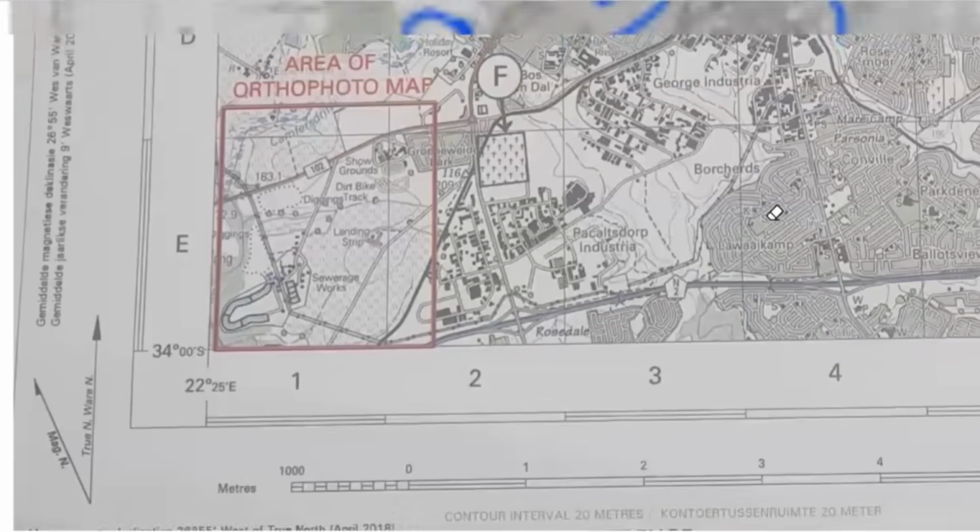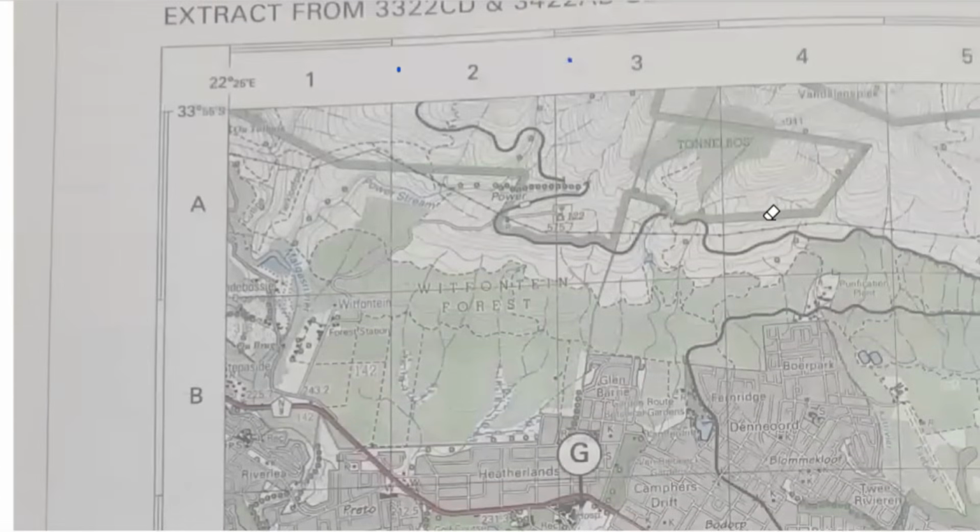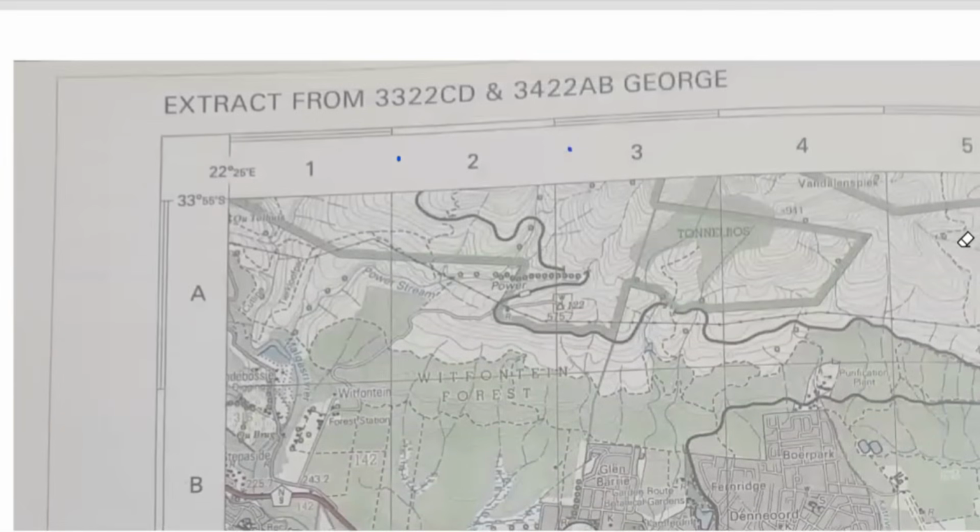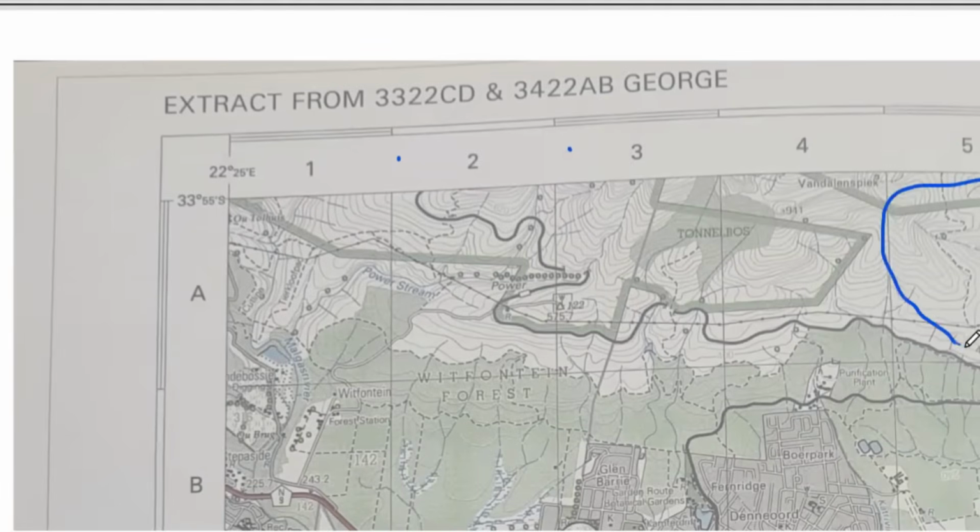If we check on our block A5, right here, we can see the nature of the contour lines. The contour lines are very close to each other. So the data layer there is the topography layer, or the relief of the area, which is restricting the development in that particular direction.